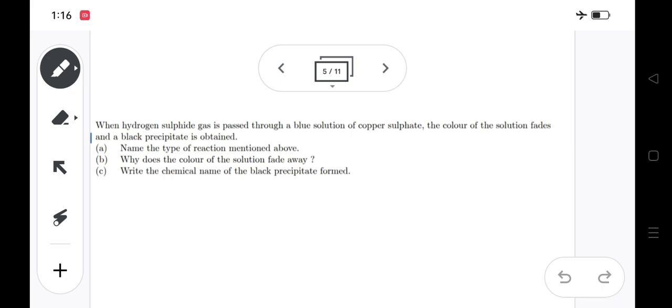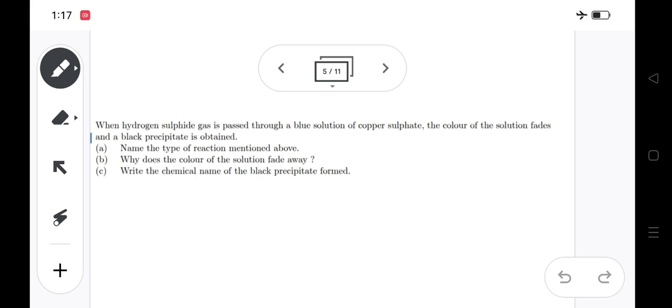When hydrogen sulfide reacts with copper sulfate, we get copper sulfide and hydrogen sulfate, that is sulfuric acid. Name the type of reaction mentioned above. This is a double displacement reaction and also a precipitation reaction because a precipitate is formed here.